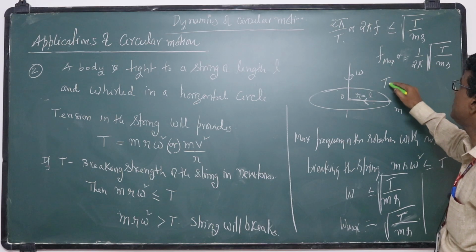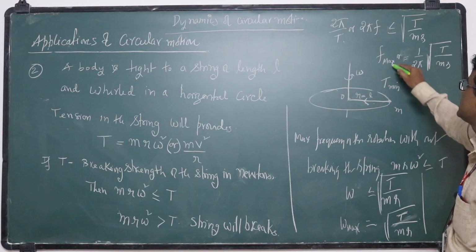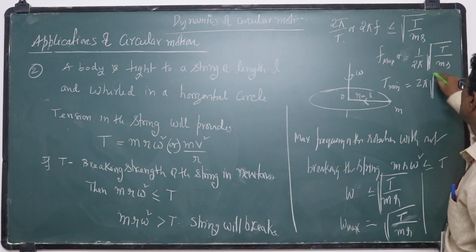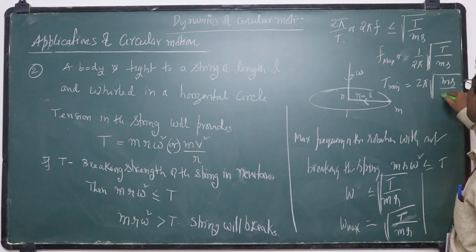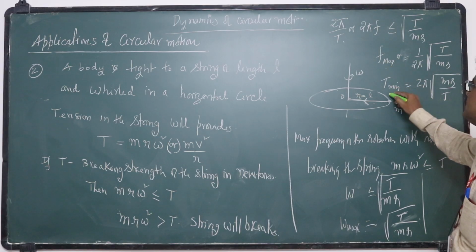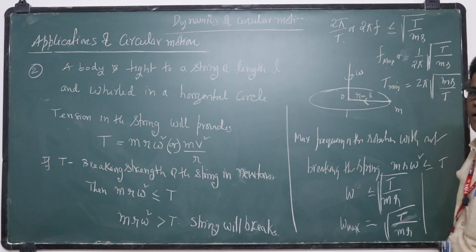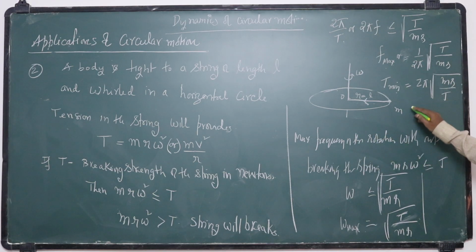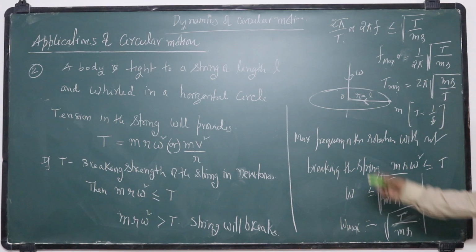Or the minimum time period, since maximum frequency means minimum time, is 2 pi into square root of m r by T, because frequency and time period are inversely related to each other. Since we have T is equal to 1 by f.